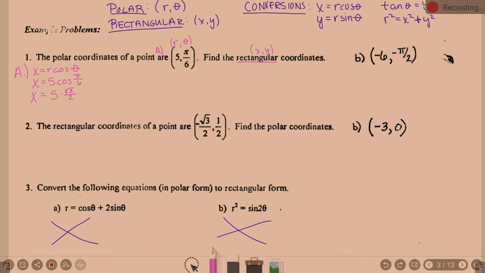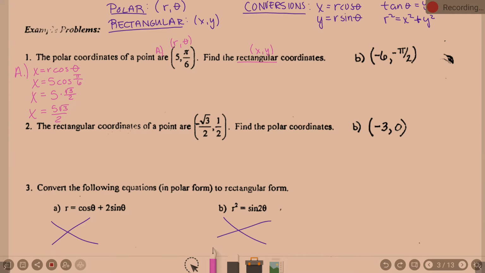I have it in both forms in my notes, for graphing and reference purposes. What is 5 times square root of 3 over 2? Ideally you should be saying 5 square root of 3 over 2. Is there a decimal answer also?